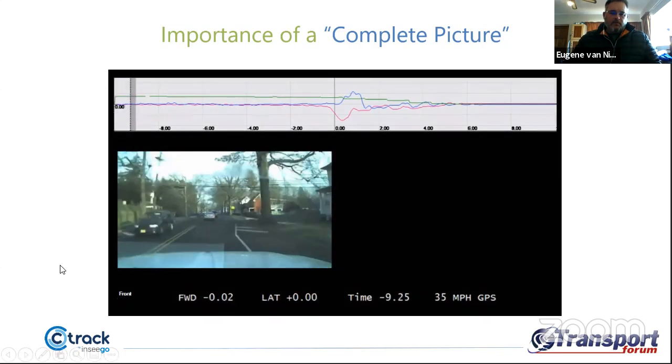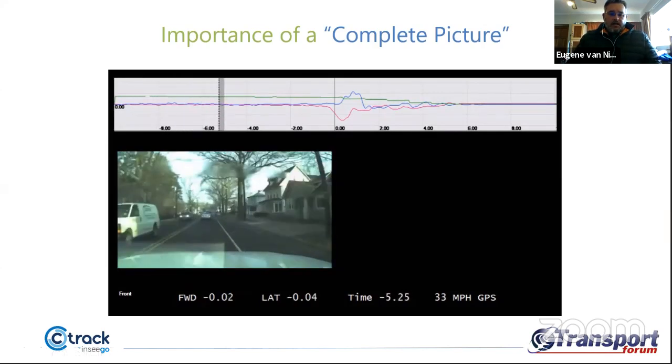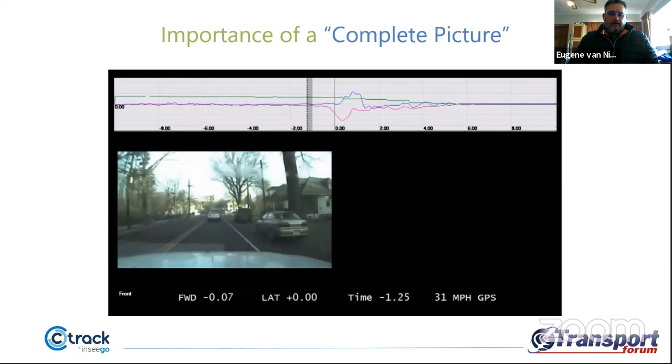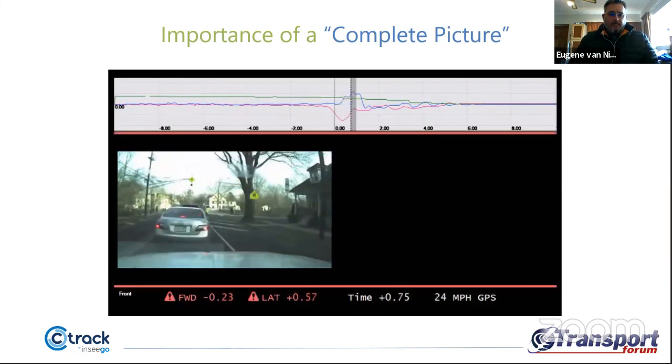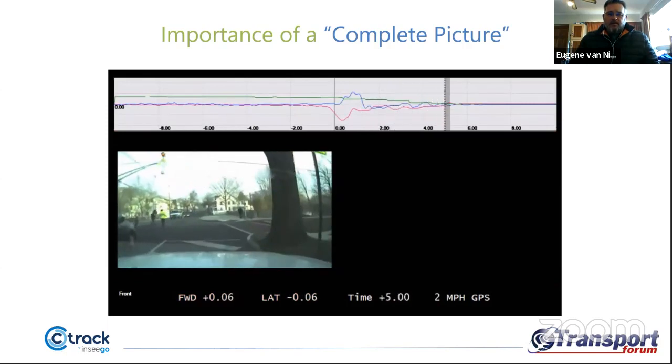If I play this model, I now suddenly see that the vehicle is driving, that there is an event, and if I look at the detail, the driver is actually avoiding an accident. So now I have a completely different perspective on what happened.